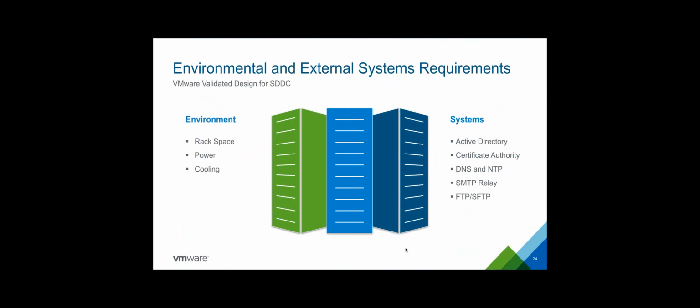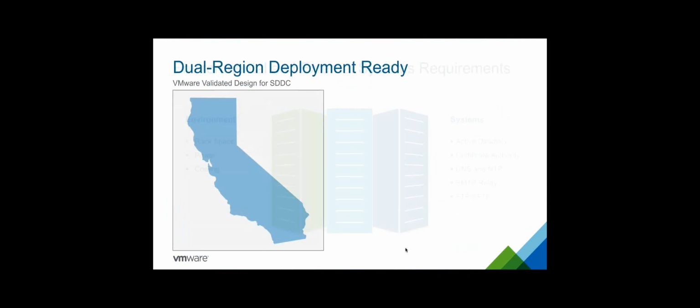We use that today primarily for NSX backups. Do we use it for anything else right now, Nick, besides NSX backups? I think that's the only piece that we use it for. Yeah. So those are the basic environmental and system requirements.